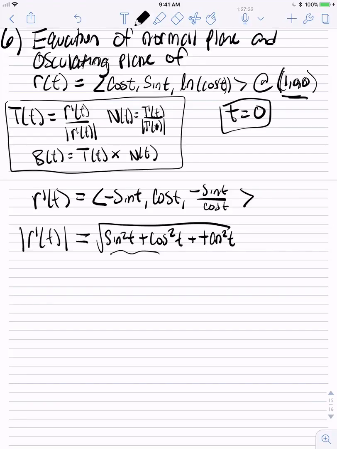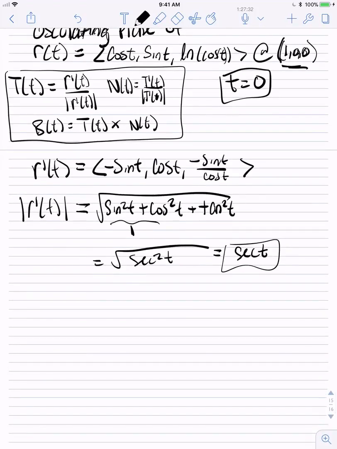So we see that sine squared t plus cosine squared t, that's our Pythagorean identity, that's just equal to 1. So inside we have 1 plus tan squared, which is equal to secant squared t, which is also just equal to secant t, since it's under the radical.